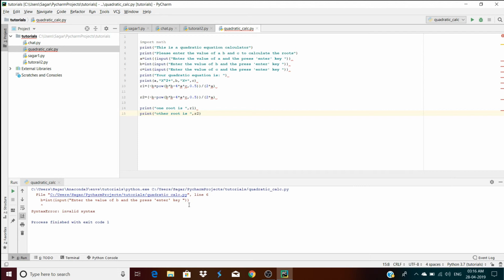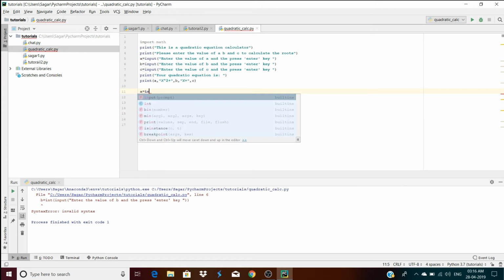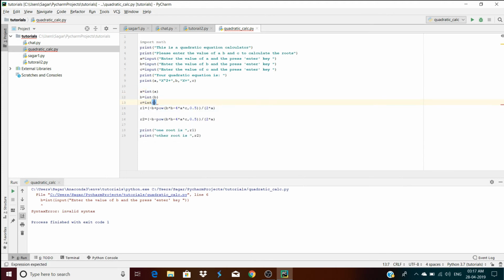Fine. C equals to, and up till this much would be clear for you all, isn't it? So now what I'm doing is a equals to int of a. I'm typecasting every variable, that is int of b, and c equals int of c, isn't it?